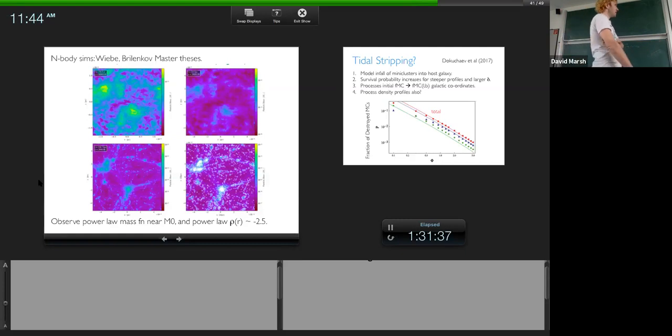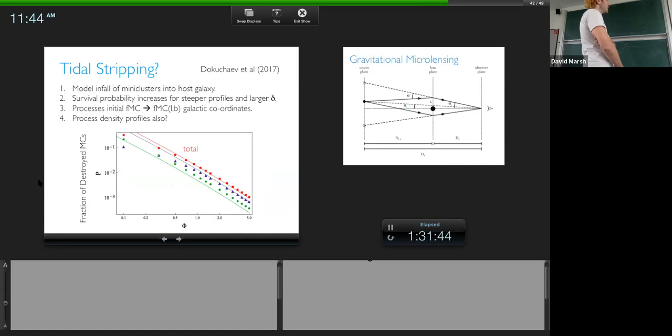I've only got a couple of minutes, so I'm going to try and get through stuff. Tidal stripping, you can look at this. It was looked at in a paper by Dokuchaev et al. And it turns out that the survival probability, so the fraction of mini clusters that survive, is larger for larger overdensities. So the more dense, more compact objects survive tidal stripping more.